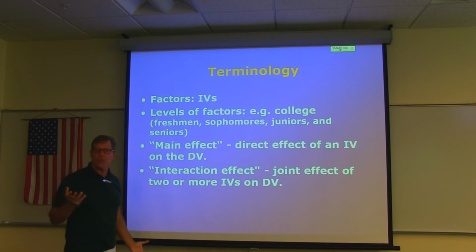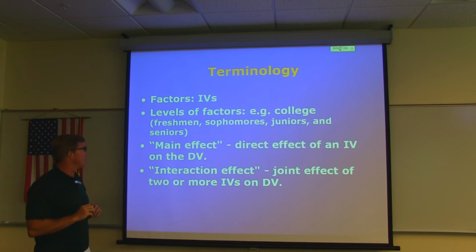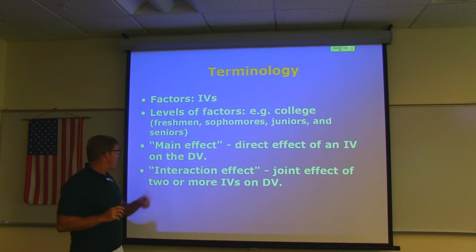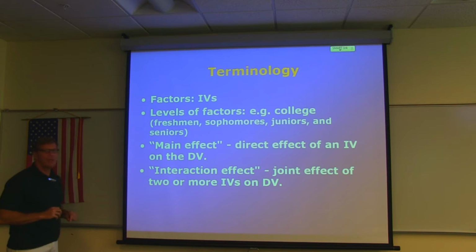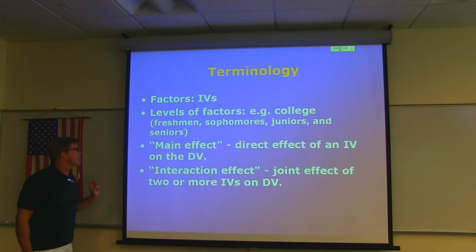When we looked at the two-way ANOVA, the factorial ANOVA, we had the A main effect, the B main effect, so this term should be familiar to you, and the interaction effect, which we know as the joint effect of two or more IVs on the DV. So we have these main effects and these interaction effects.